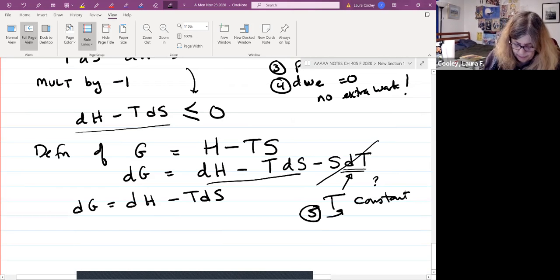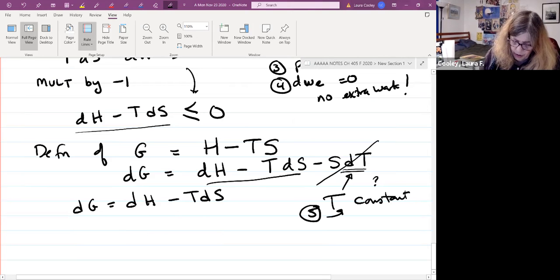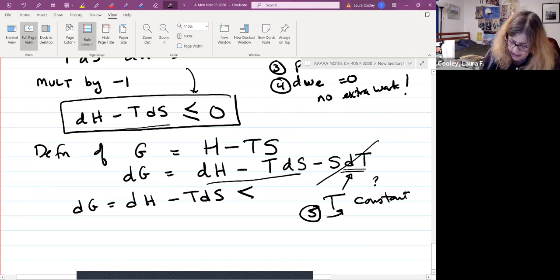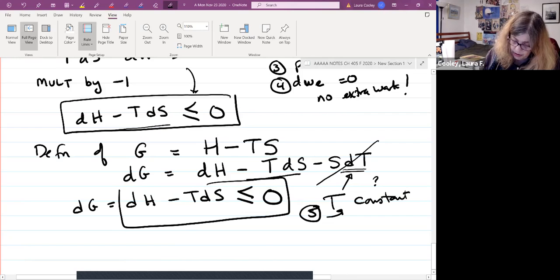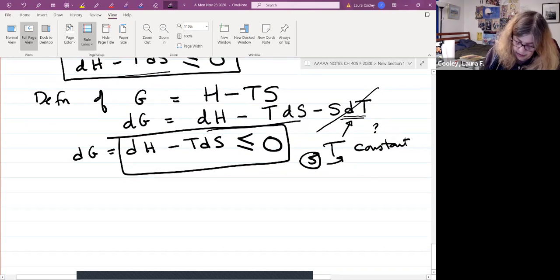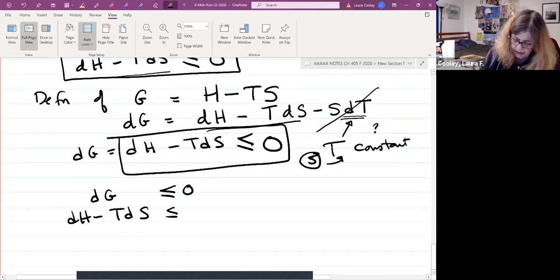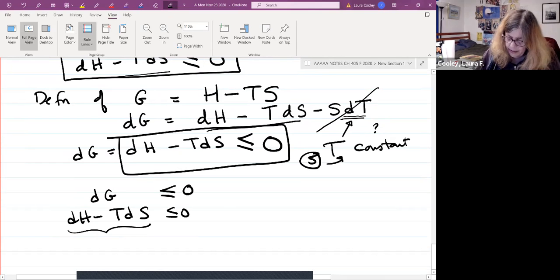And from above, from this thing over here, I know that this is less than or equal to 0. So this is true. DG, or DH minus TDS, is less than or equal to 0. This is the same thing.